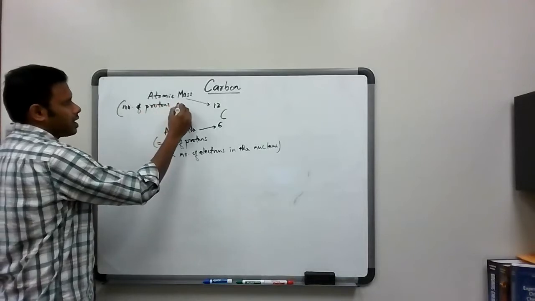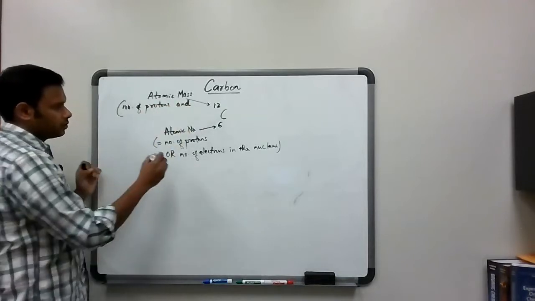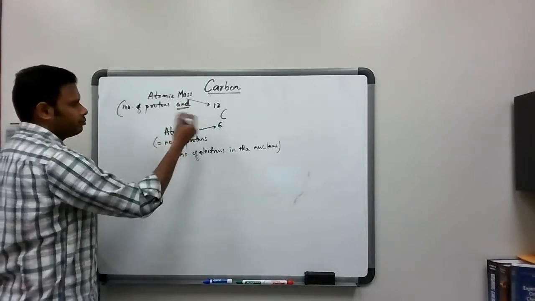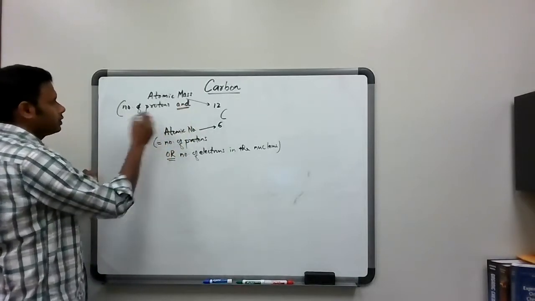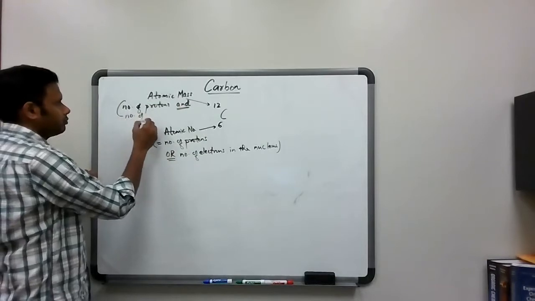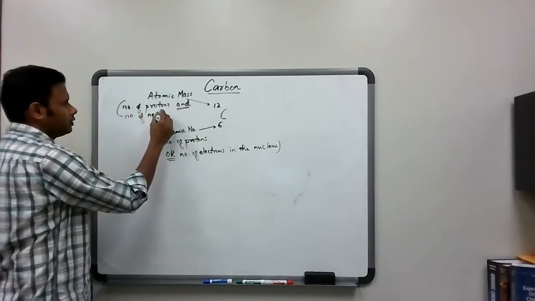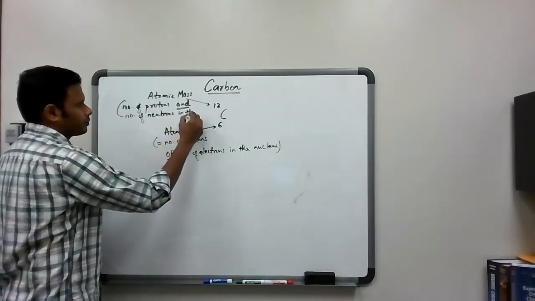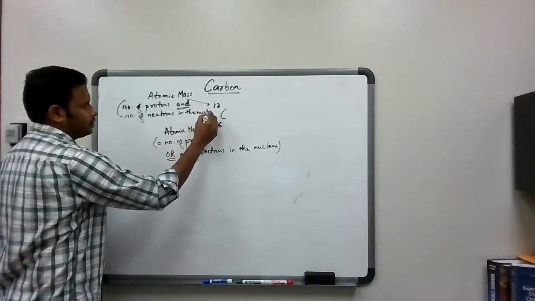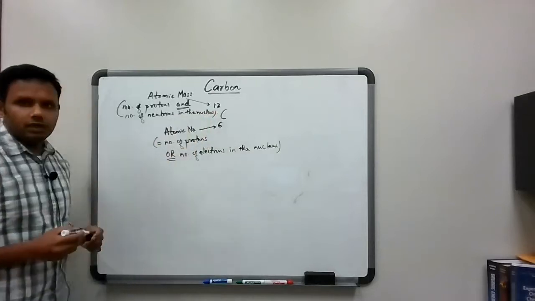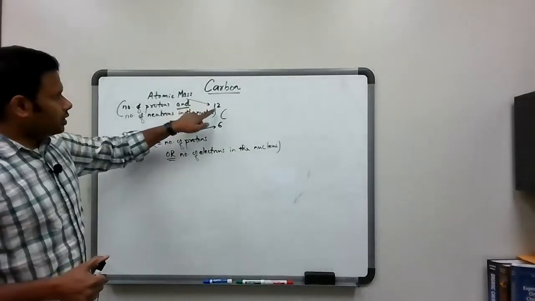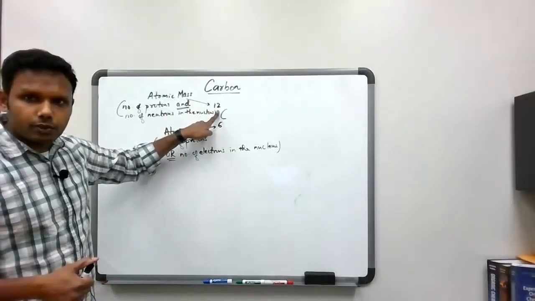The atomic mass, on the other hand, this represents the number of protons, and so notice how this is an and, so that's a plus, okay? Number of protons and number of neutrons in the nucleus. Okay, so it's the number of protons and the number of neutrons. So carbon's atomic mass is 12.